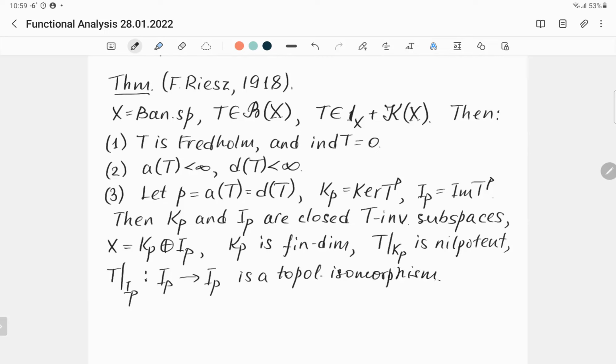And this is the Riesz decomposition. So if we compare this part 3 with the previous lemma, we see that there is some more information here, namely that Ip is closed and Kp is finite dimensional, and T is a topological isomorphism, not just a vector space isomorphism, of Ip onto itself.